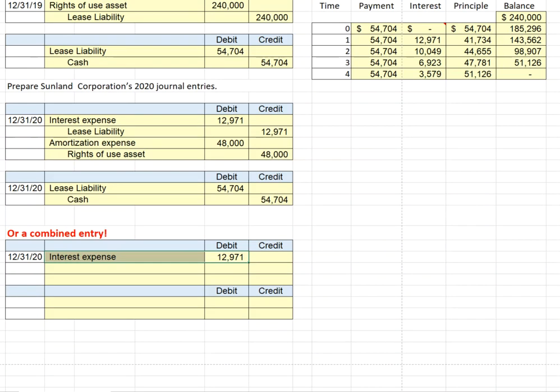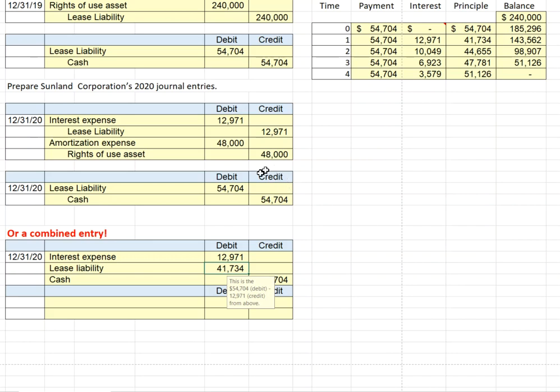We would have had our interest expense of $12,971. We had our cash of $54,704. We had a net change to our lease liability of $41,734.